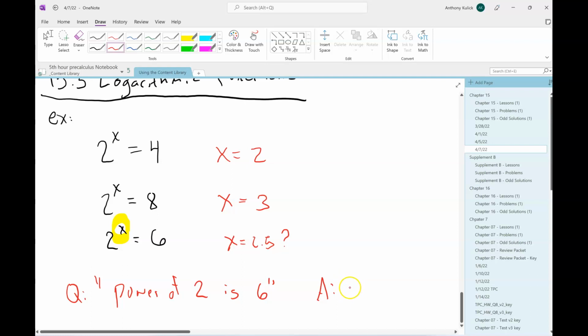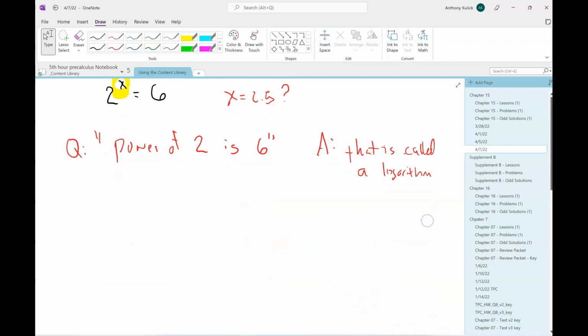So the name we're going to give that power is just going to be called a logarithm. Okay, so let's define this idea formally.